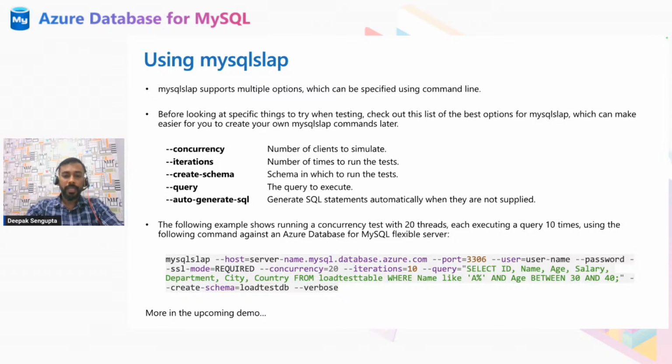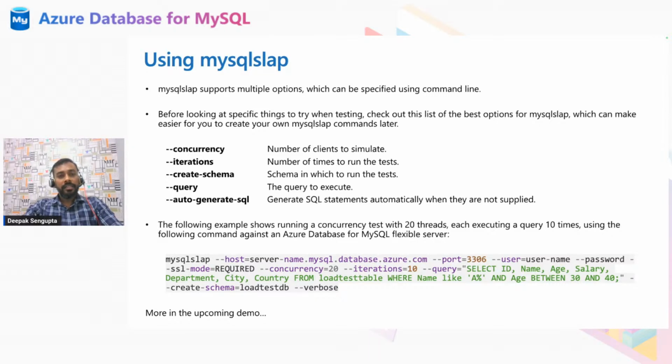So the first one being concurrency. Think of concurrency as the number of users who are trying to execute a single SQL query. With the concurrency parameter, we specify the number of users that we want to simulate for a particular benchmarking test.